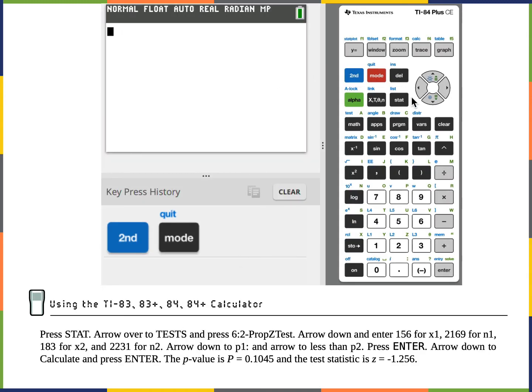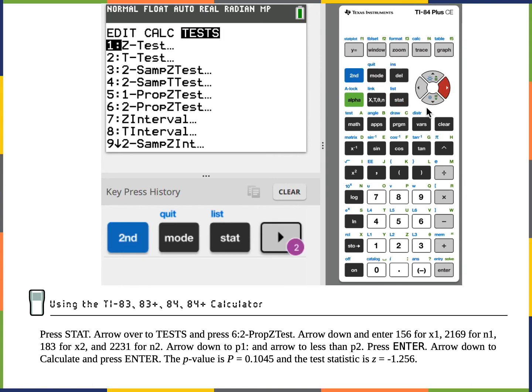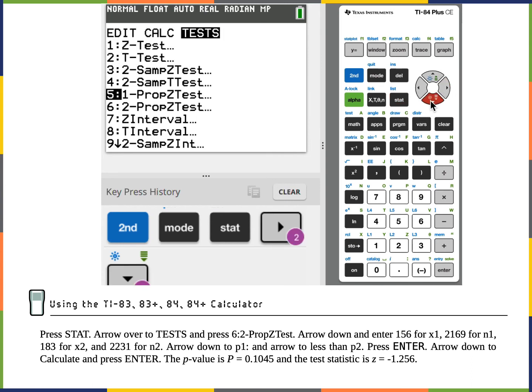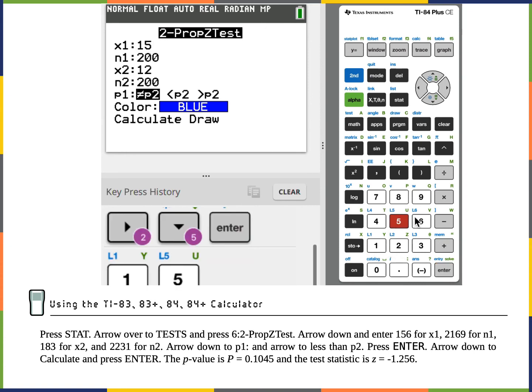Okay, let's go ahead and run the test. We do stat, test, 2-PropZTest, and then for x1 we would enter 156, and then for n1, which is the total surveyed, that would be 2169, and then the other one would be 183, and the total would be 2281.